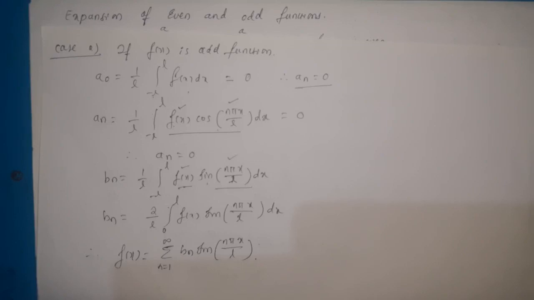The first two Fourier coefficients will be equal to 0 for the odd function, and the third coefficient is equal to 0 for the even function. In the expansion of an even function, the expansion contains two terms, and in the expansion of odd functions it contains only one term, because both a0 and an are equal to 0.